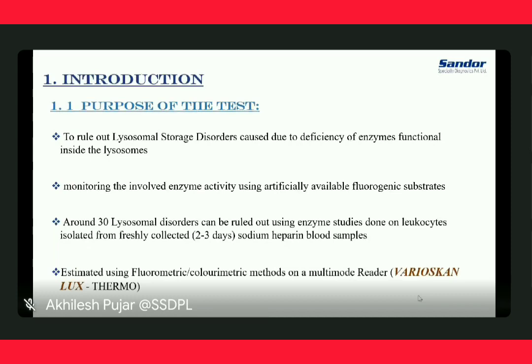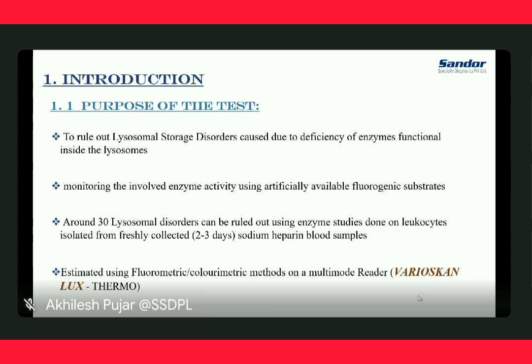Okay, so what we do in this is we just monitor the enzyme activity of whatever enzymes are involved in these disorders, and there are a number of disorders that you will find in this category. There are almost 50 disorders, but actually there are more than 50.